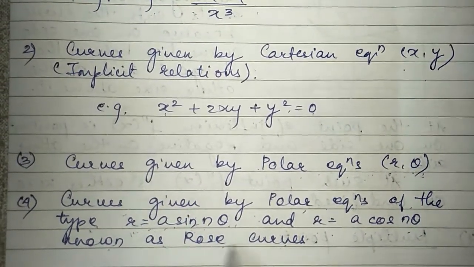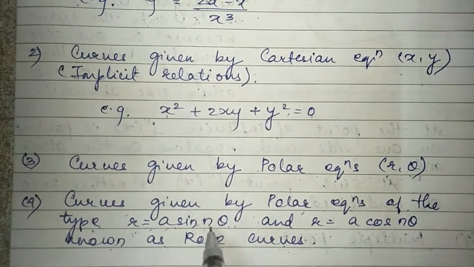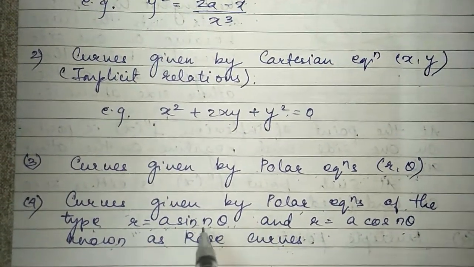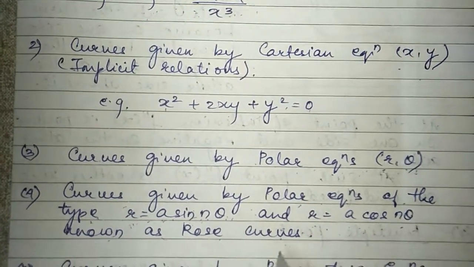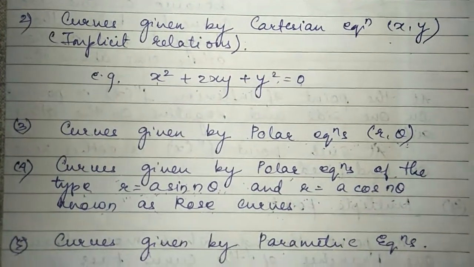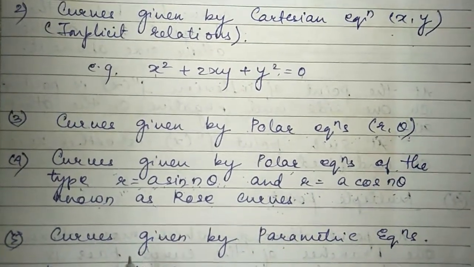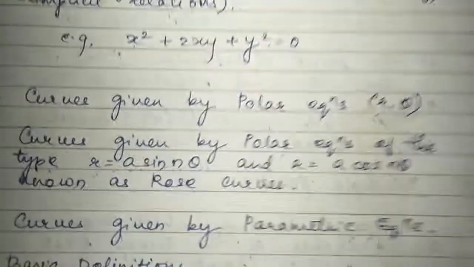These curves are known as the rose curves. That is, if you have the equations of the curve like r is equal to a sin n theta and r is equal to a cos n theta, either of these, then the curves are known as the rose curves. Then the last one, the curves which are given by the parametric equations.